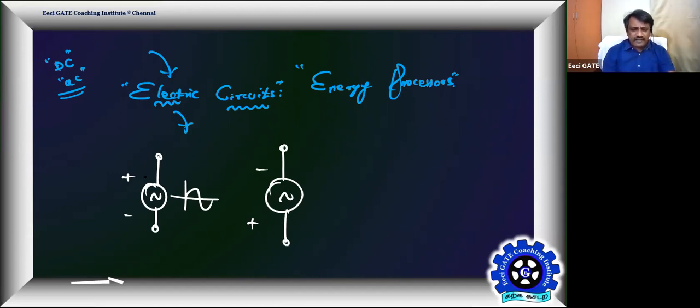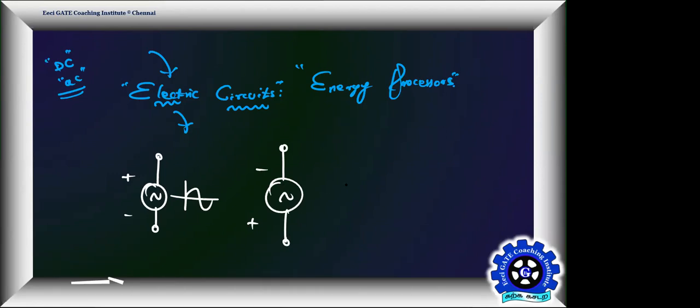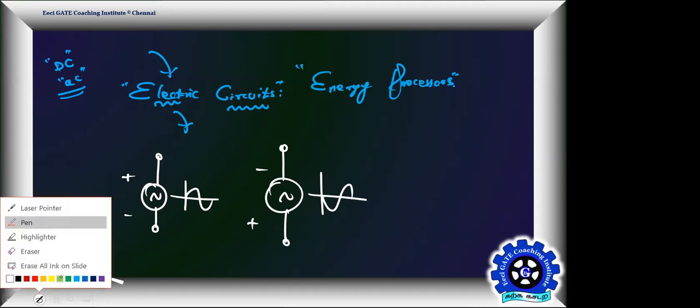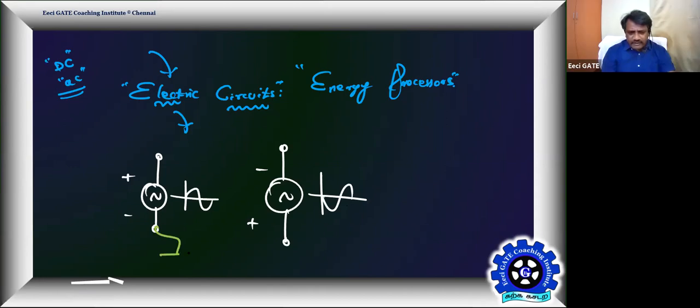If I say minus and plus, then first the negative cycle, then the positive. You need to assume that this is your reference, connected to 0 volt. You are taking this as Vs of t, so the reference is starting from 0. That's what it means.